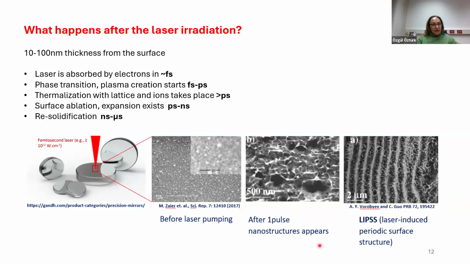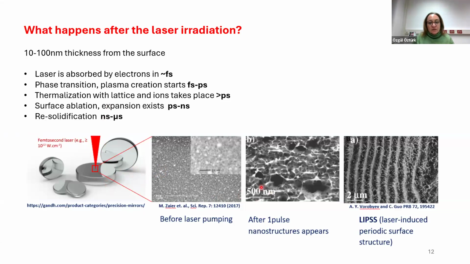So let's say we have a sample, and then we shine this sample with femtosecond laser. And then what happens after the laser irradiation? I mean, we are checking the 10 to 100 nanometer thickness from the surface.